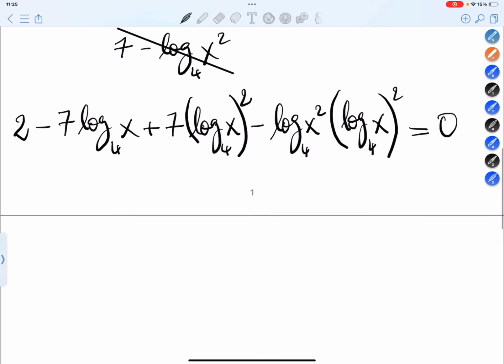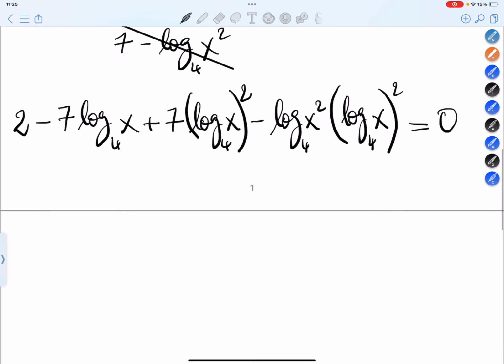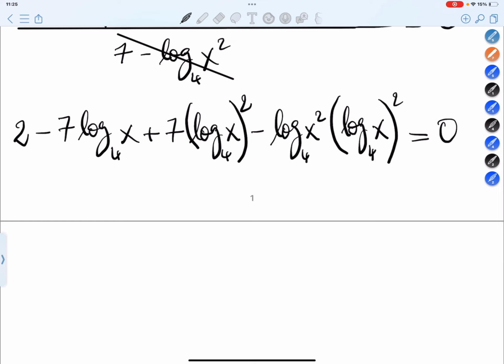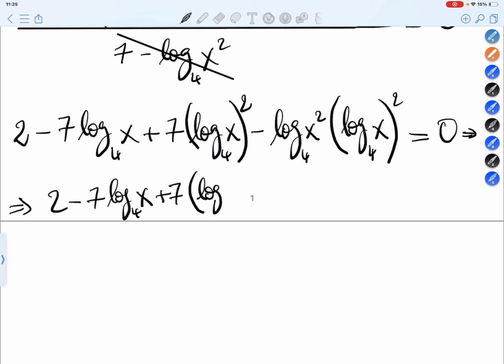Now what we are going to do, this implies that 2 minus 7 log base 4 of x and plus 7 log base 4 of x squared, then here we use the power rule, so we can bring the 2 in front.